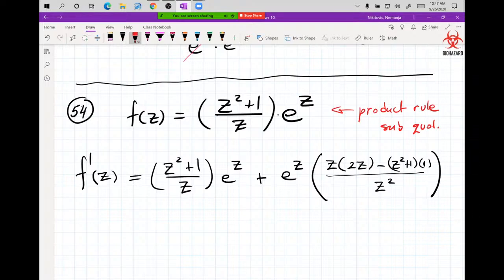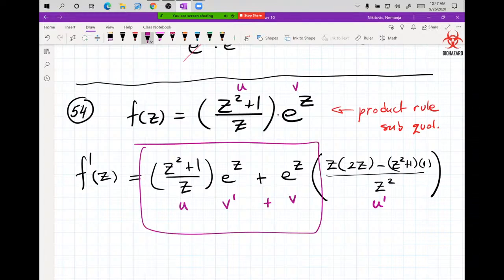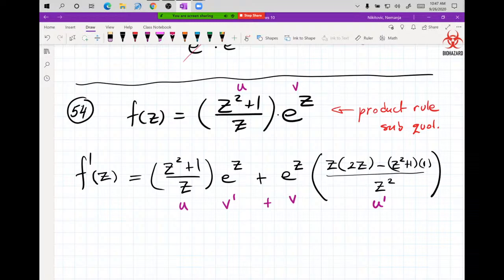So what you have here is u v prime plus v u prime, but the u prime was the quotient rule because, as you can see, u is the quotient. So we made it the first three terms without messing with the quotient at all, and then on the fourth one we had to because it was given as a rational function.